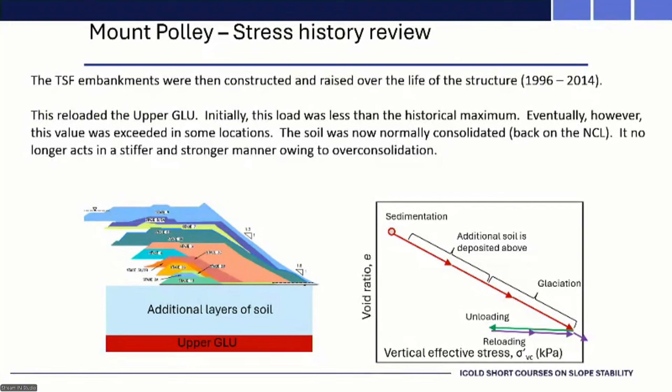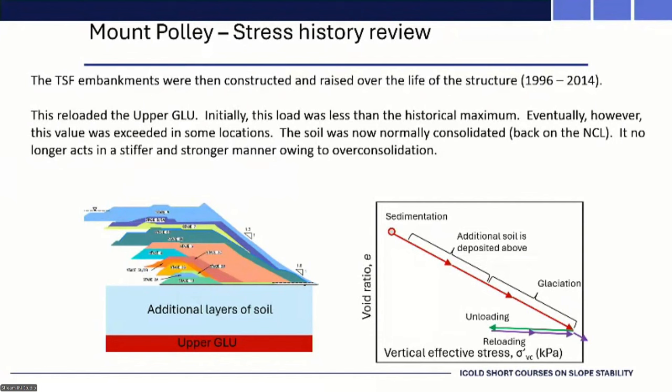But that then reloaded that lower layer, that over-consolidated glacial lacustrine clay. And of course, it slowly crept back up that rebound line, and in places, probably not across the full footprint, but eventually it was exceeded in some locations.